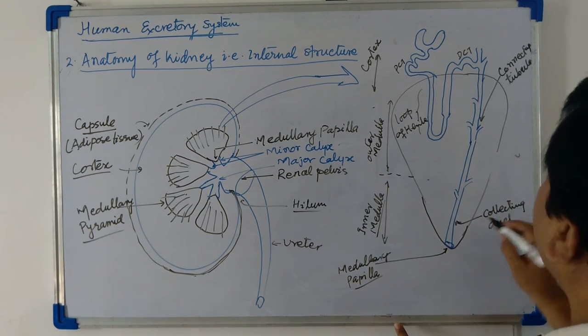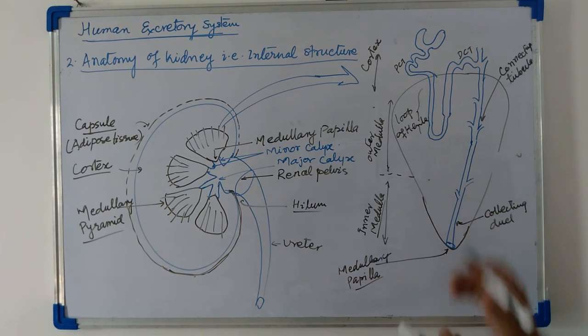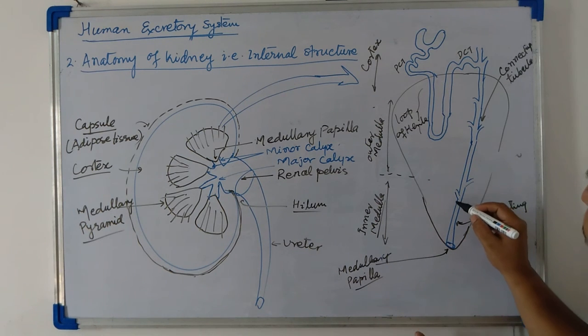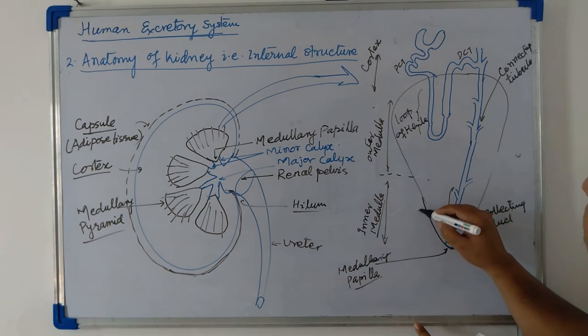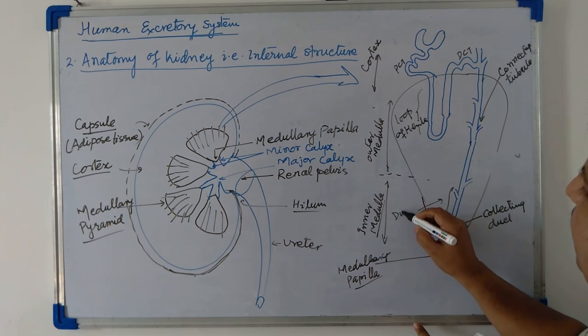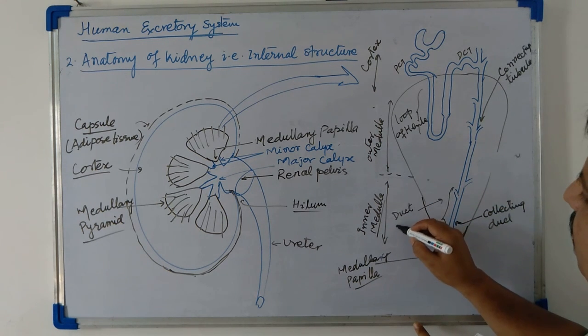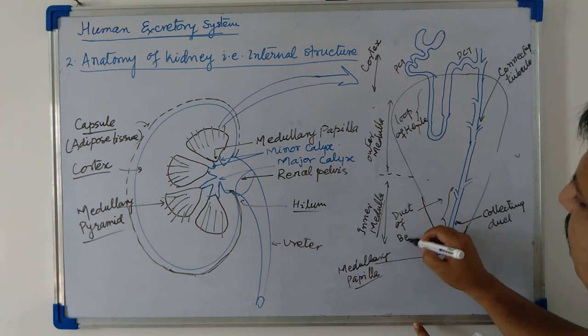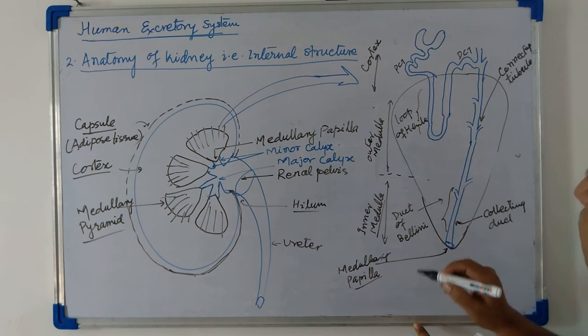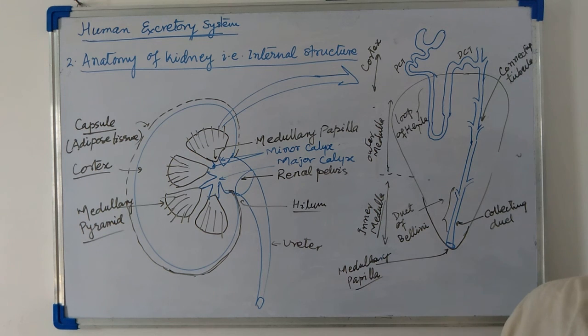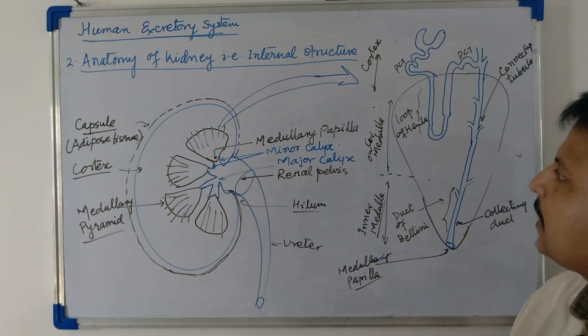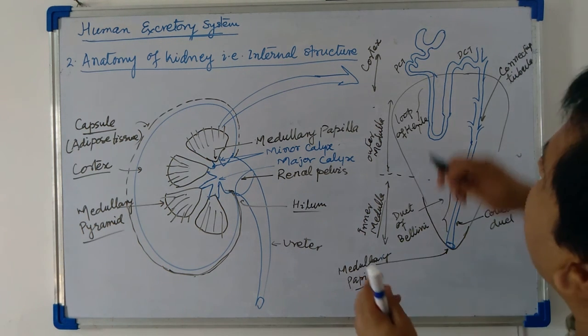So all the connecting tubules open here in this region. So this entire region will be termed as duct of Bellini, this duct will be termed as duct of Bellini.